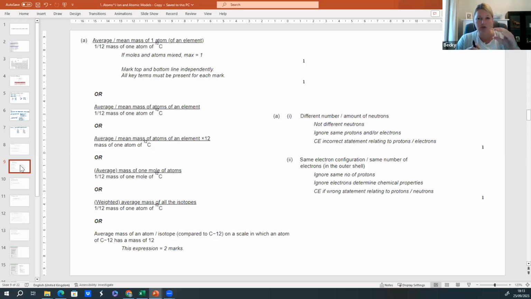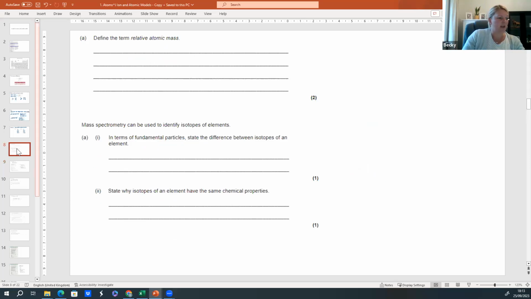So different neutrons for the first mark and the same electrons for the second mark. Okay, state why isotopes of an element have the same chemical properties, because they've got the same number of electrons. Electrons define its chemical reactivity, protons define what element it is, and our neutrons simply just change the mass of those.